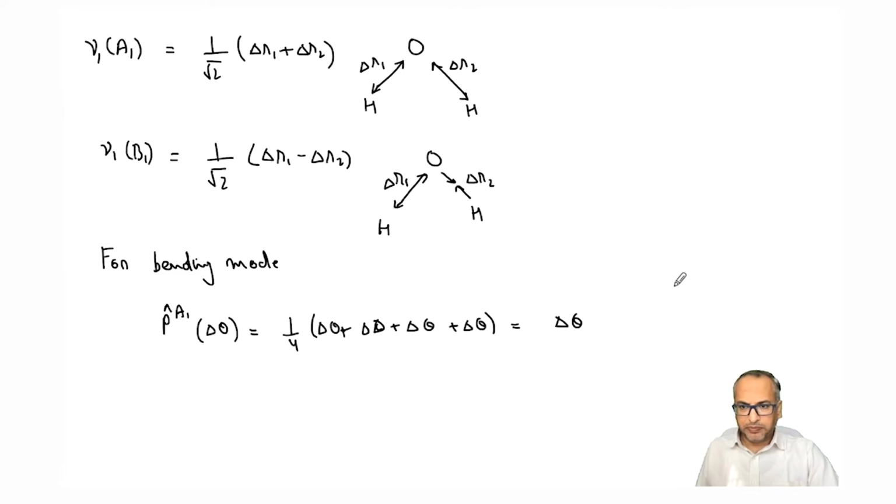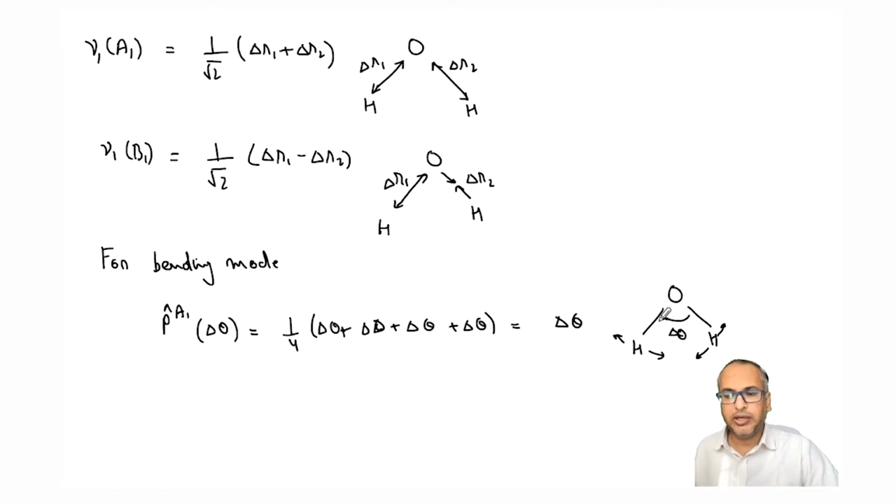So the only bending mode which is possible here is that the two protons will move like this, right? So there is a change in the angle like this, increase or decrease. So that's the only bending mode which is possible.